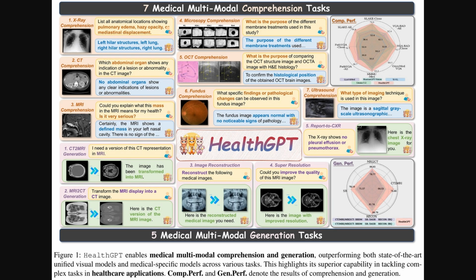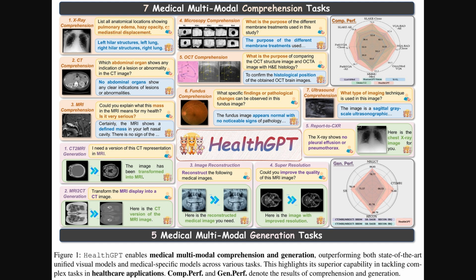Okay, so Figure 1 here really gives a great overview of what HealthGPT can do. You can see at the top it shows 7 different comprehension tasks, like analyzing X-rays, CT scans, microscopy images, and answering questions about them.